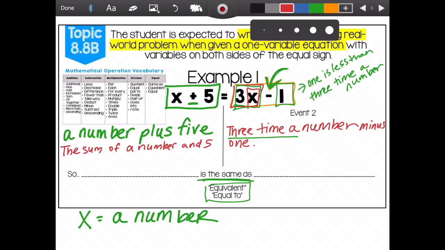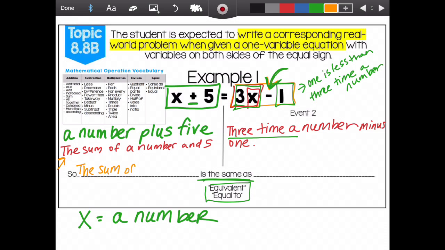I'm going to choose this one here, the sum. So on the left side, I'm going to put the sum of a number and 5 is the same as 3 times a number minus 1.